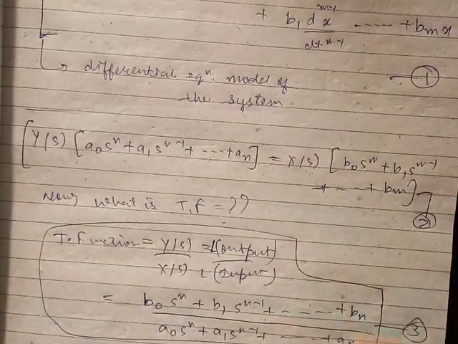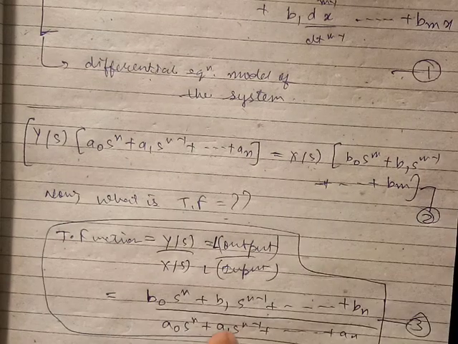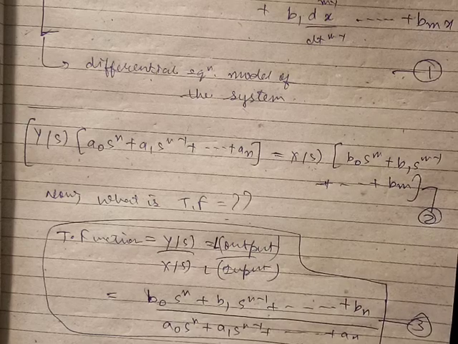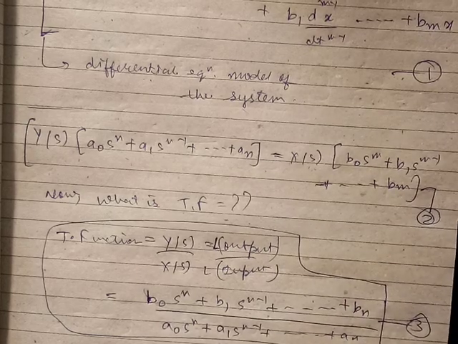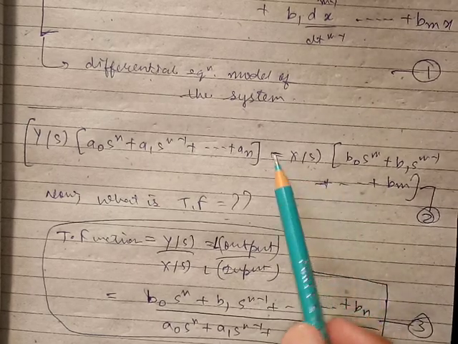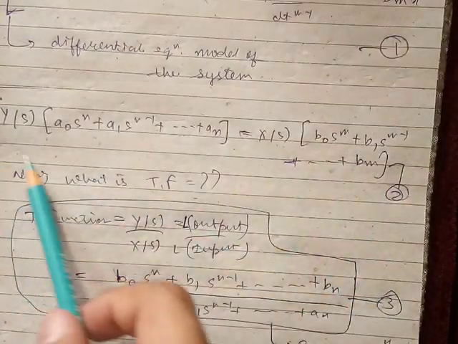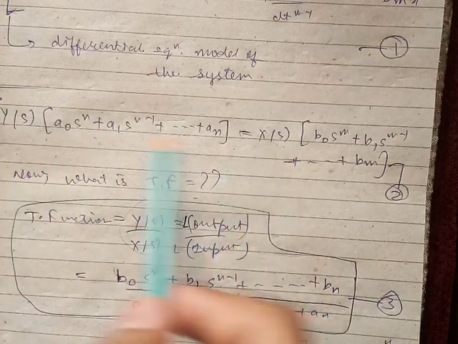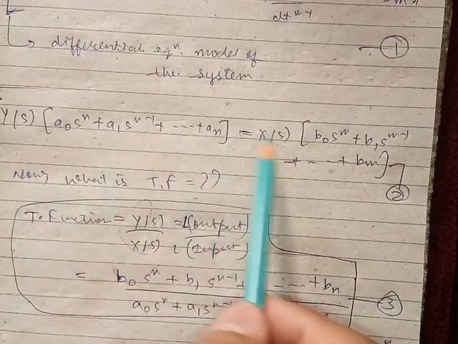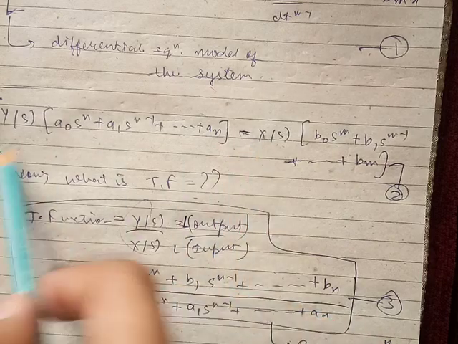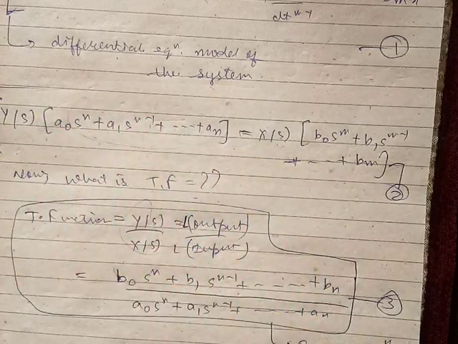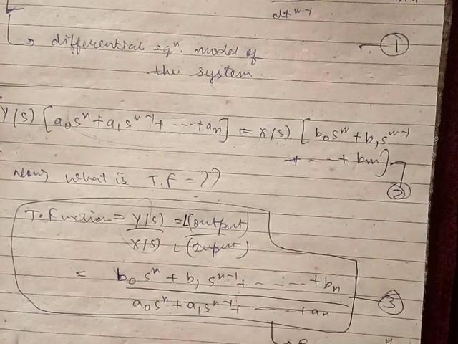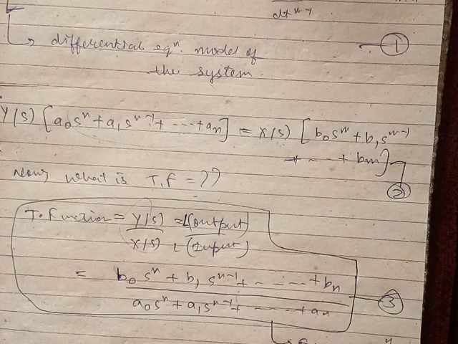This is equation number 3. This is the transfer function. This is how it comes from equation 2. I just rearranged equation 2. I need Y of s upon X of s, so I take this X of s down and this to the other side. So I get the ratio and put it here. I get the solution.